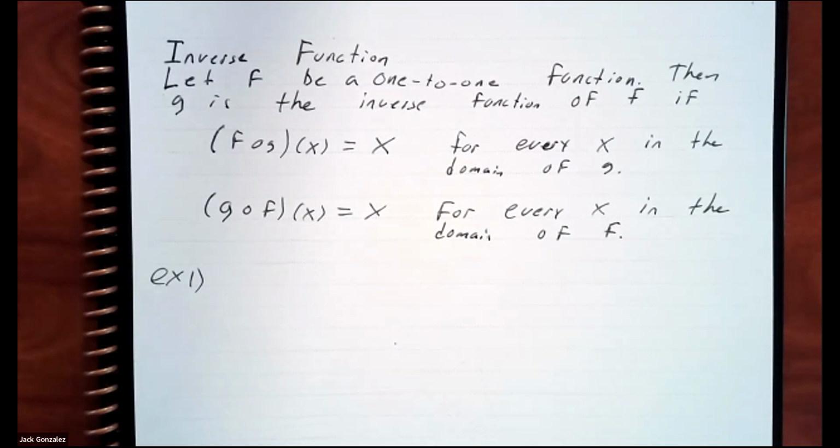Also, the reason we care about inverses is because it can undo whatever a function does. It'll send you back to the original input. Okay, so if you have a fancy function that you want to know where it started or what it did, you would use the inverse on it.